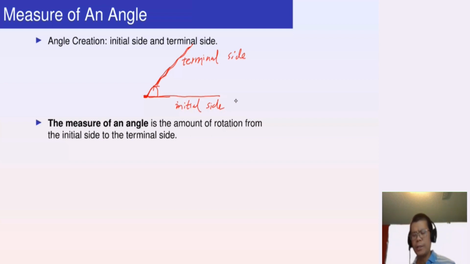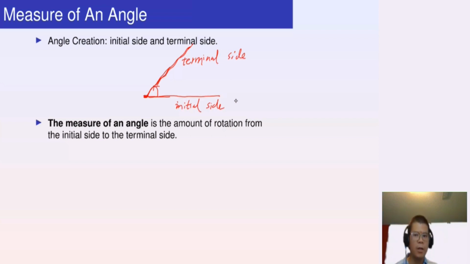This rotation can be small or large, and in either direction, clockwise or counterclockwise. So you can do that in different directions for different sizes. Now you have an initial side, a vertex, and a terminal side. That's how we create an angle.